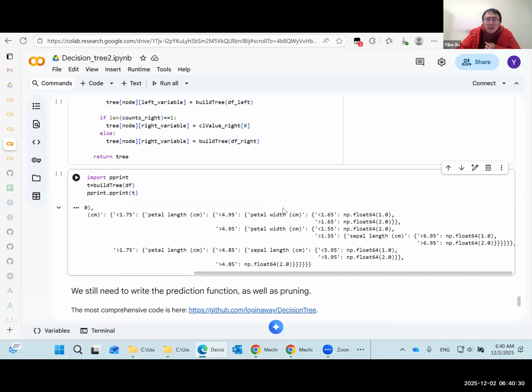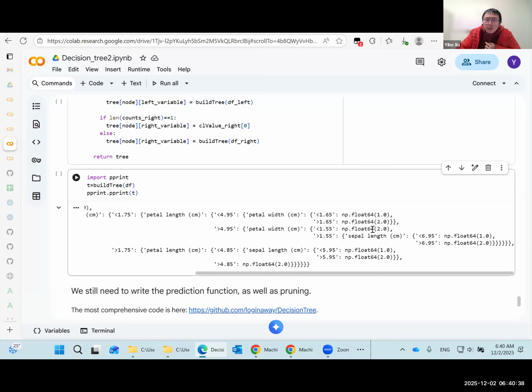And then it's the petal length. And finally, we have the sepal length here. So what do we have? We have one, two, three, four, five levels. Okay, so that's the tree that we established from here.